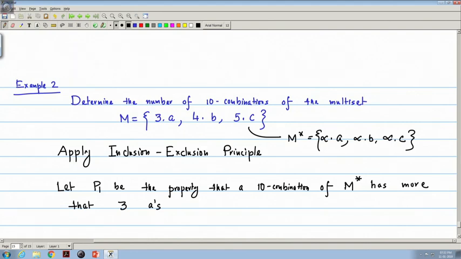In the original problem, A had finite repetition 3.